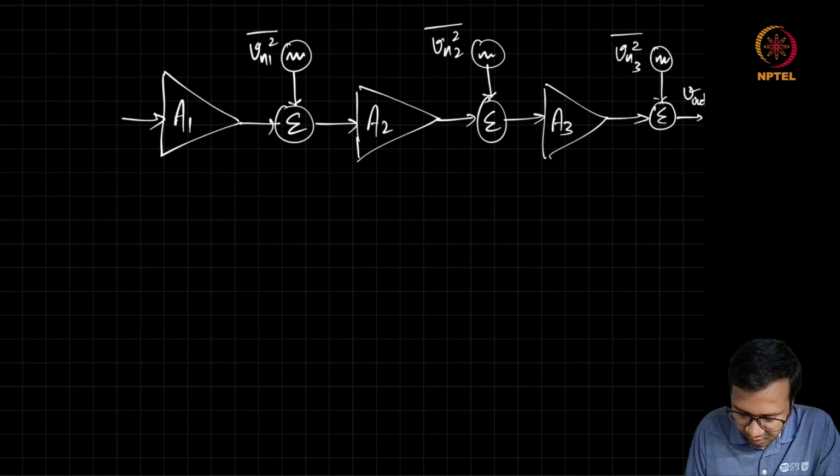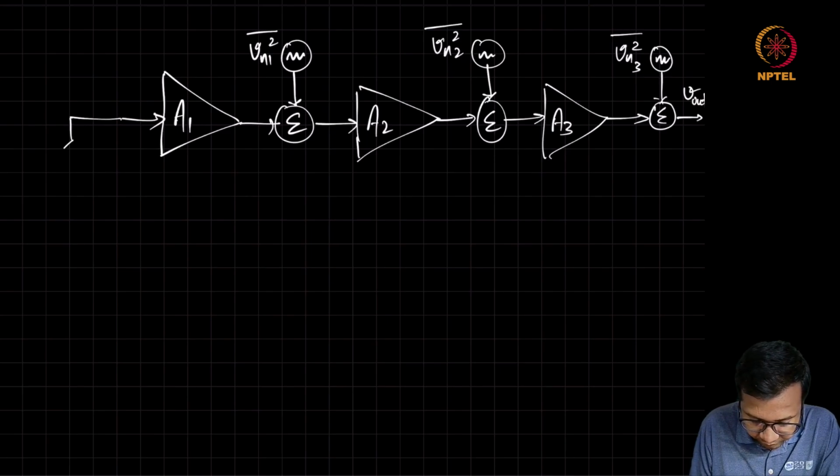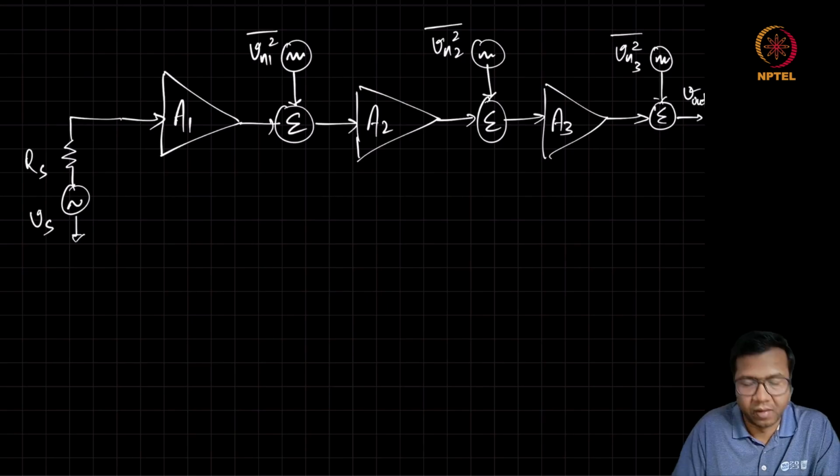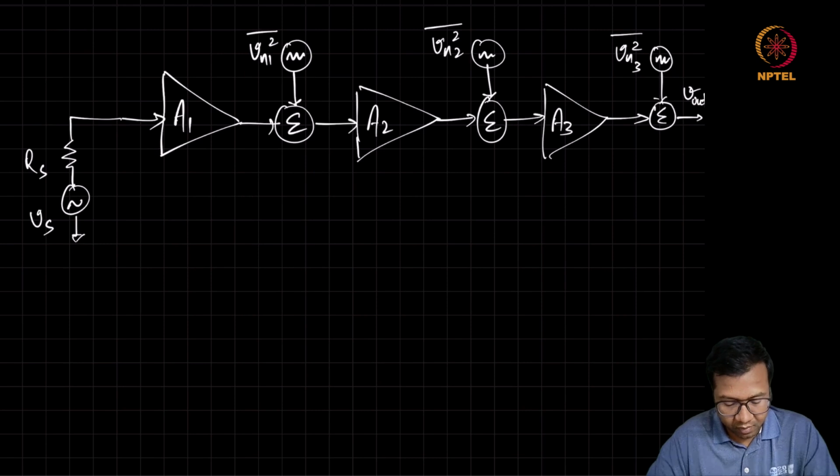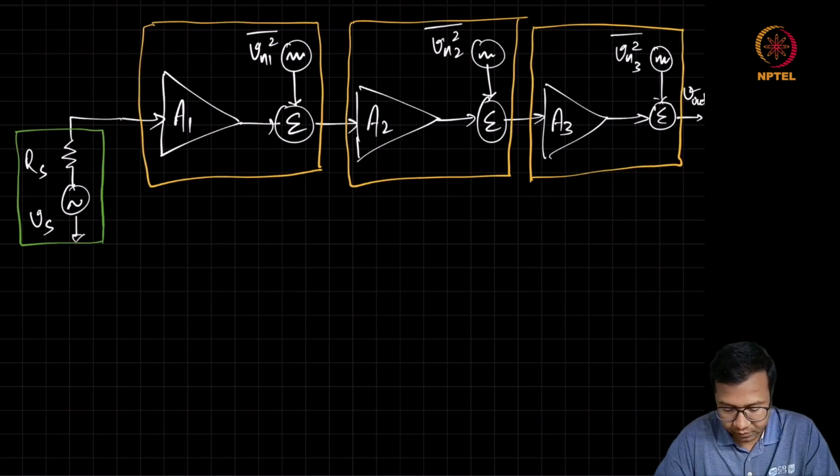And this cascade of 3 stages is driven by a source Vs, which has a series resistance of Rs. We want to understand what is going to be the overall noise figure of such a cascade.